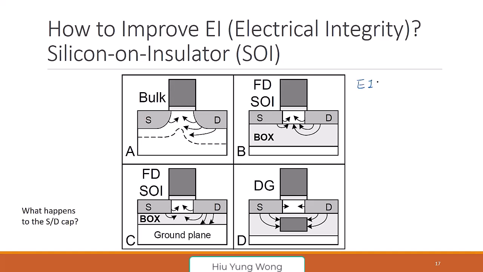EI equals 1 plus xj squared divided by LEL squared, times Tox divided by LEL, times T depletion divided by LEL. LEL is nothing but the gate length. It is the electrical gate length, but let's just call it gate length for simplicity.